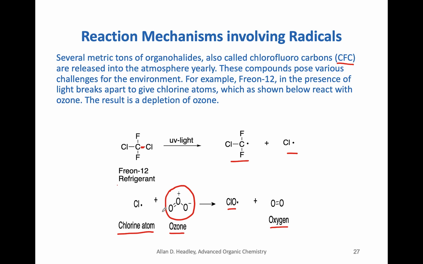So that is why it has been recommended that we no longer use these type of CFCs, chlorofluorocarbons, as refrigerants, because it is destructive to the environment, particularly to the ozone layer. So that's one of the practical aspects of the radical chemistry that we're studying here.